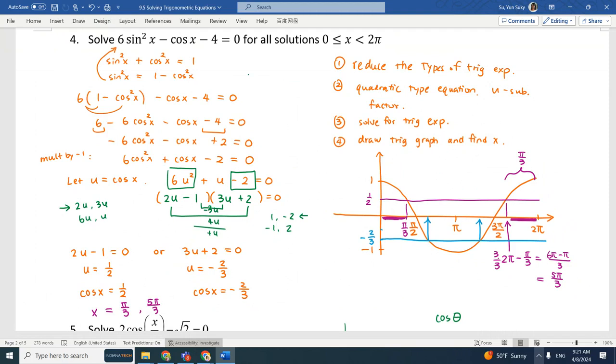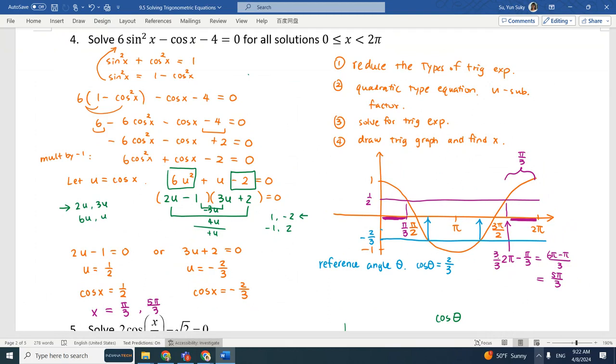So look at this picture. We want to find the theta. The reference angle theta is always in the first quadrant, and the cosine of the reference angle is always positive. Do you agree, everybody? So to find the reference angle theta, you will get cosine theta, which will be positive 2/3.